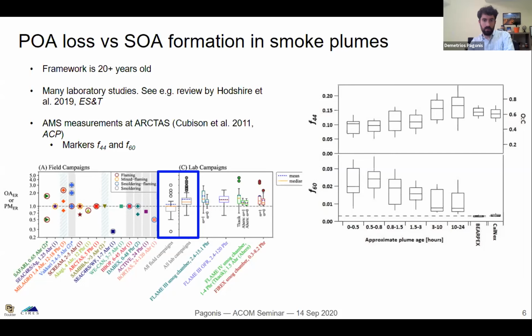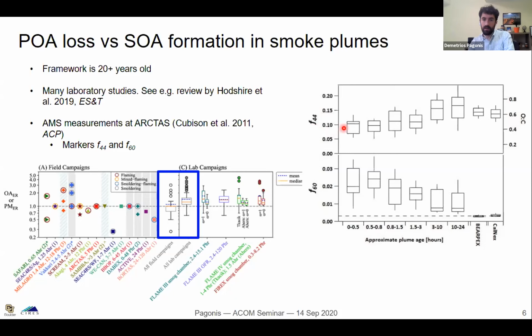One other study I just want to summarize here is a paper by Mike Kubison for measurements made at ARCTAS with an aerosol mass spectrometer. And here this is using two marker ions in the AMS spectrum that each represent one of these two processes. So this F44 marker, which is the ion at a mass to charge ratio of 44, its fractional contribution to the total signal in the AMS, is representative of secondary chemistry.